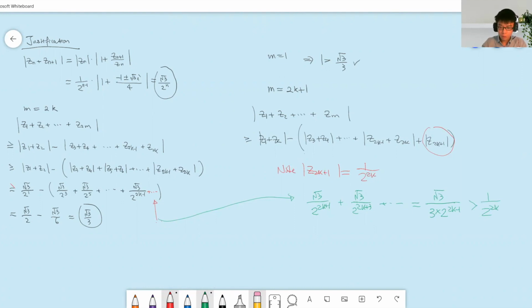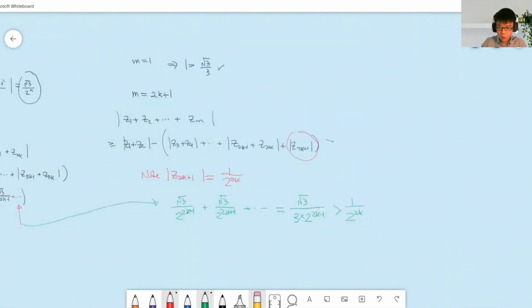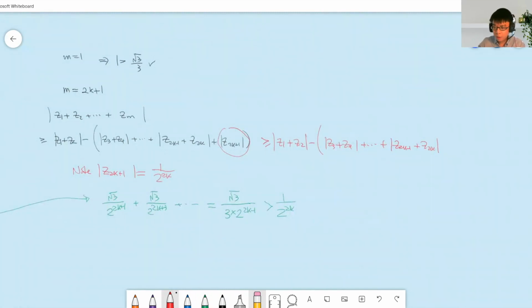So again, the inequality holds. So this is larger or equal to z1 plus z2 minus z3, z4, and this additional term I just replaced by a larger size.